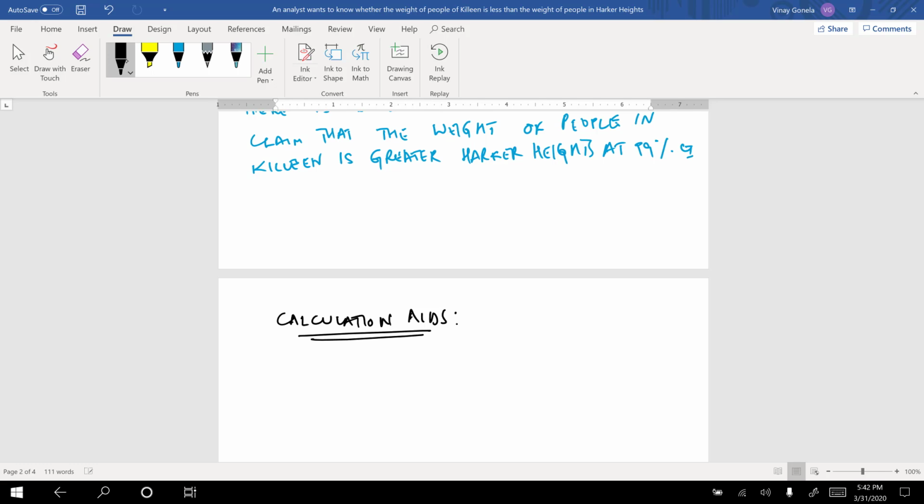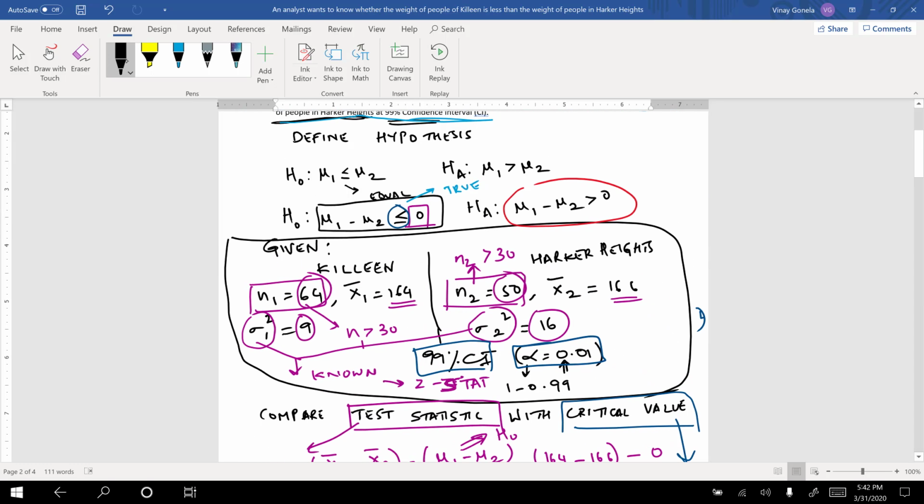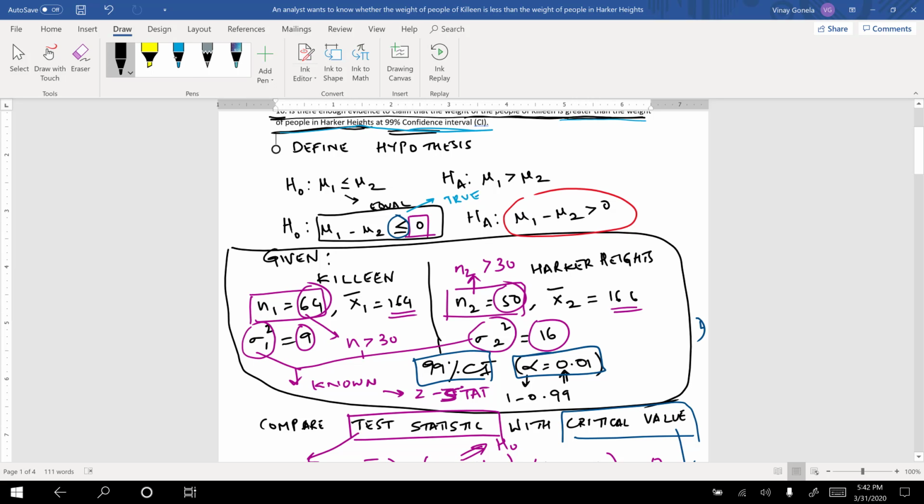So I will note down all the given stuff along with the hypothesis. I'm going to note down everything from here to here.